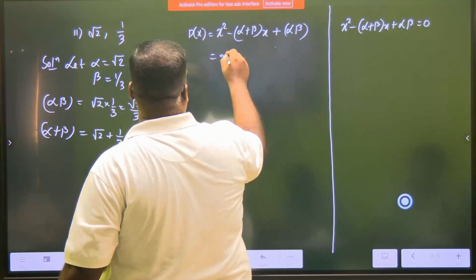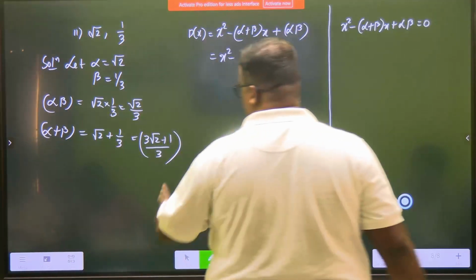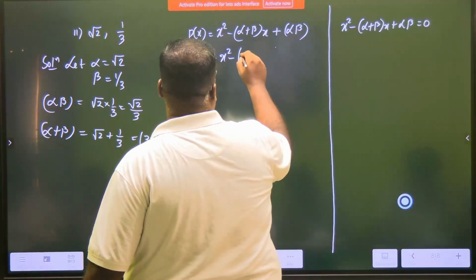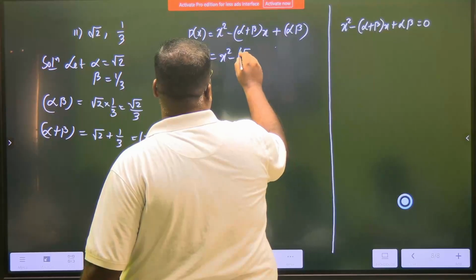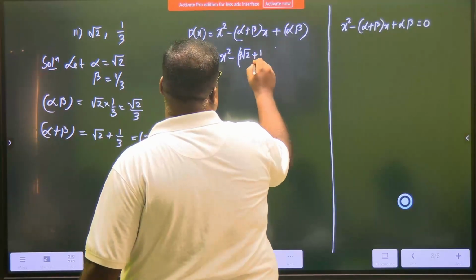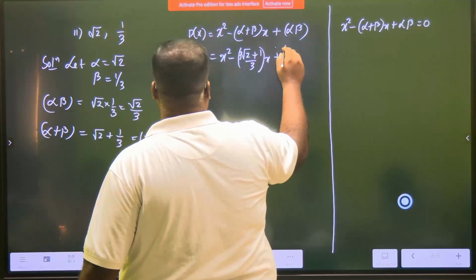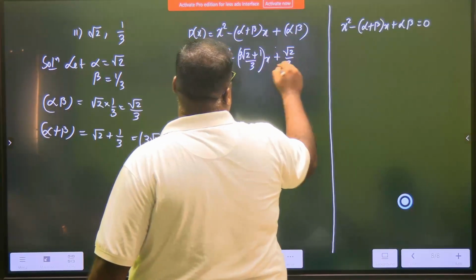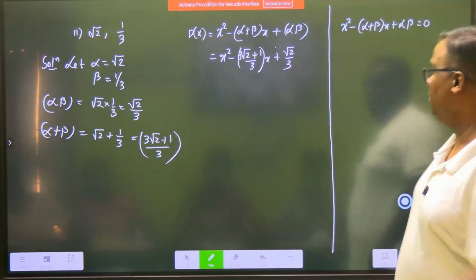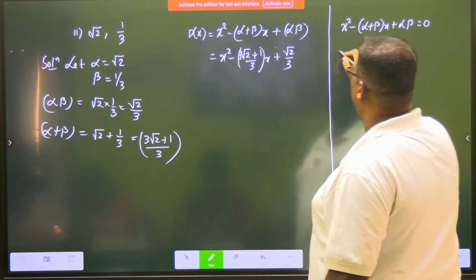Let's punch our values. Our values are x square minus, what is alpha plus beta? Alpha plus beta is 3 root 2 plus 1 by 3 x, and this is plus root 2 by 3. This is the polynomial. If this was the quadratic equation, then it becomes more stylish.